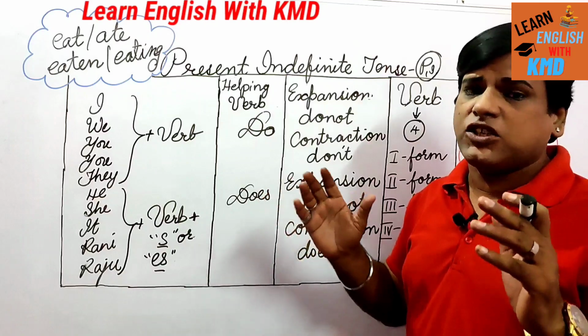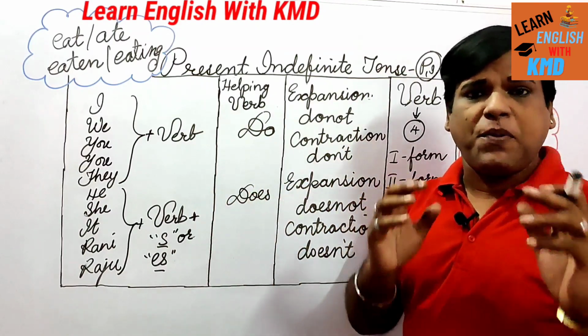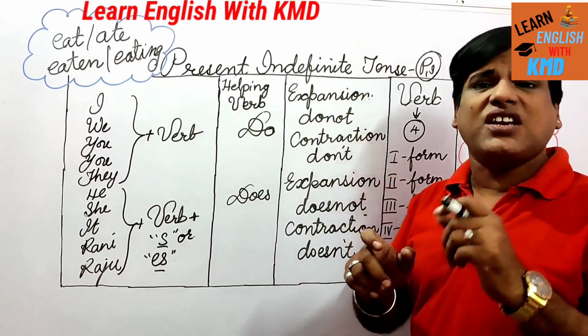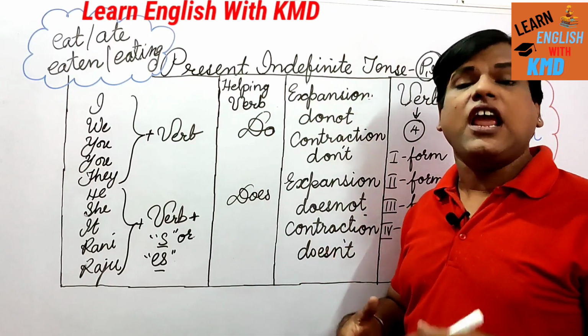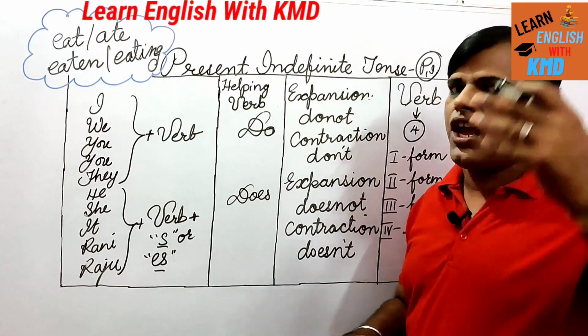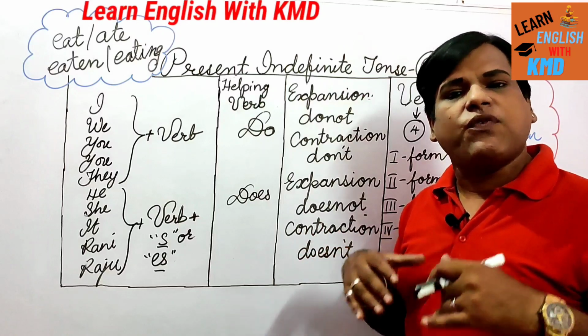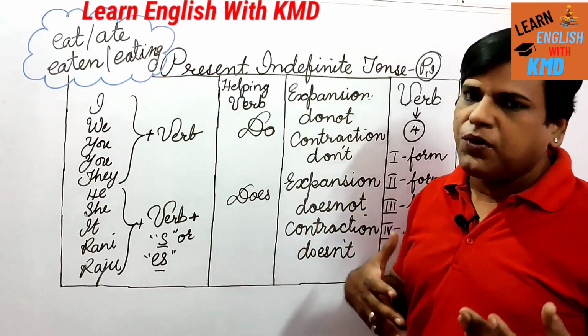As I have explained to you in my previous video, the concept about persons: person is divided into three: first person, second person, and third person. First person is further classified into two: first person singular and first person plural.